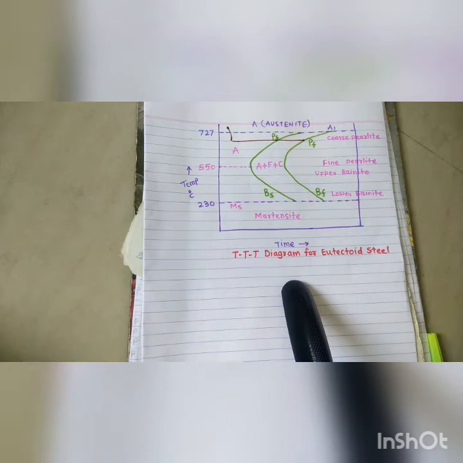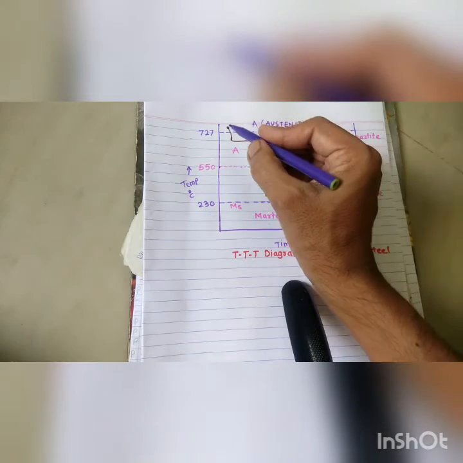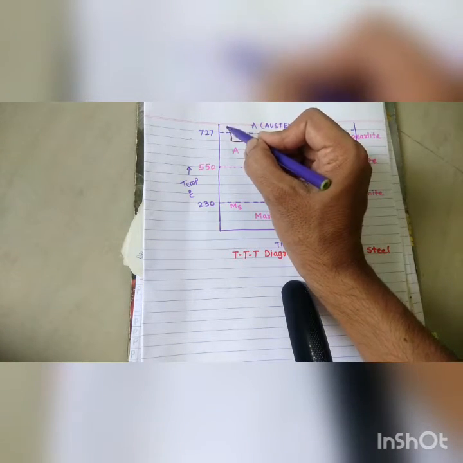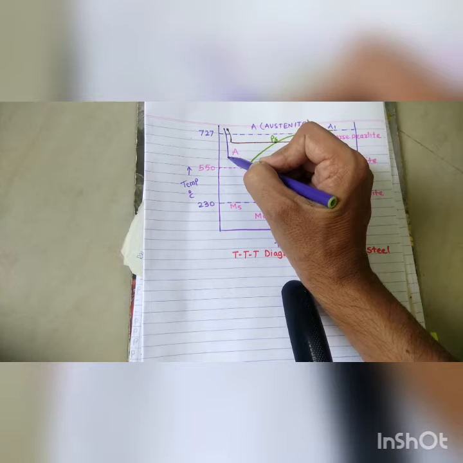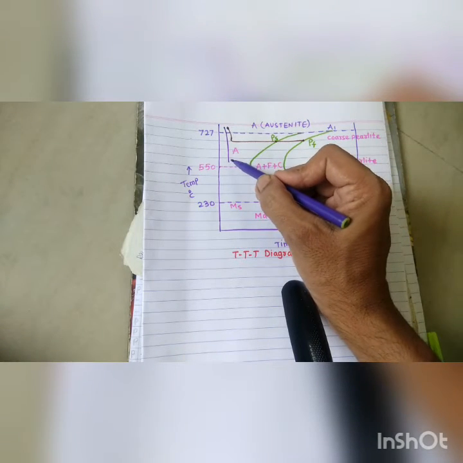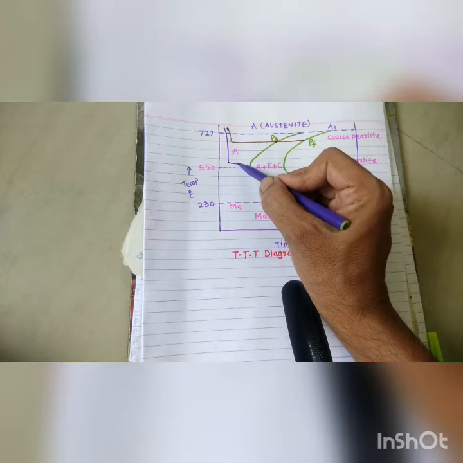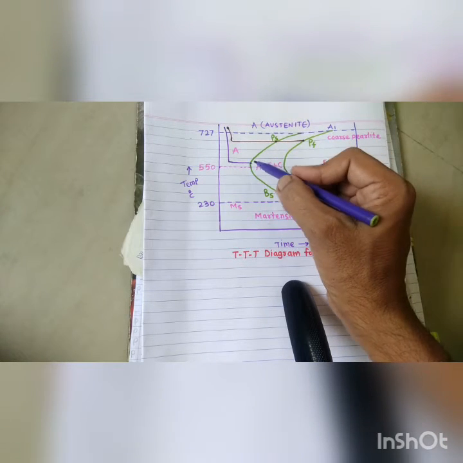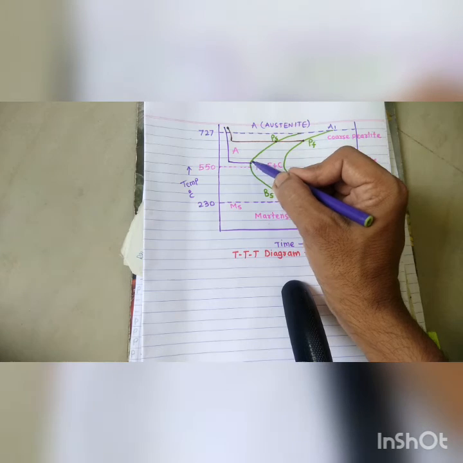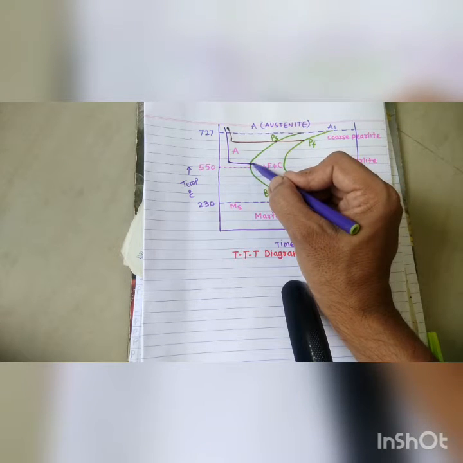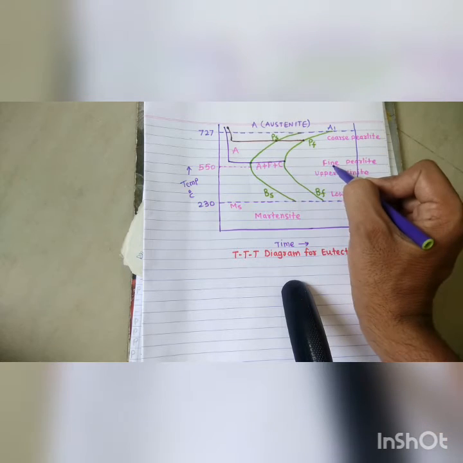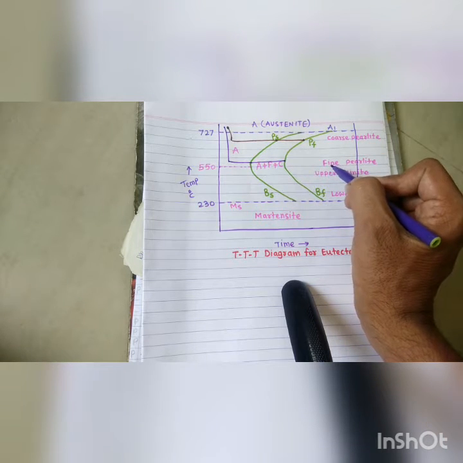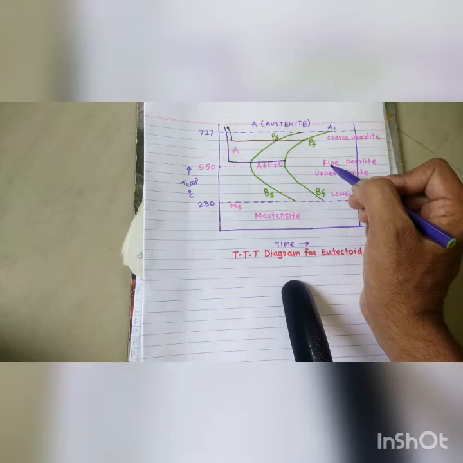In this transformation, again we are heating to some temperature above A1, holding at this temperature for a sufficient period, and then we immediately transfer these samples to some temperature just above the nose of this TTT diagram, so that after a certain period of time we enter into the start of pearlite, and after a few minutes, holding at this constant temperature for a sufficient period of time, this leads to fine pearlite transformation. This is about austenite to fine pearlite transformation.